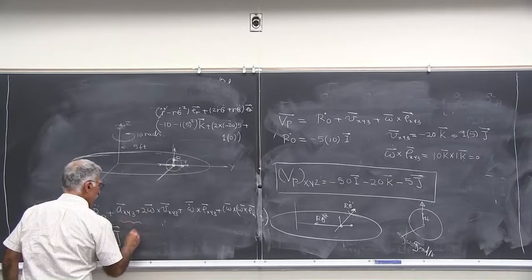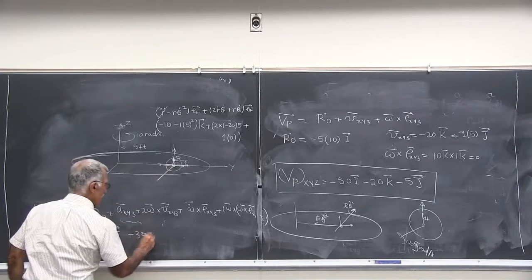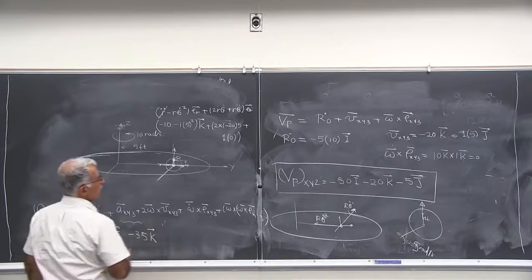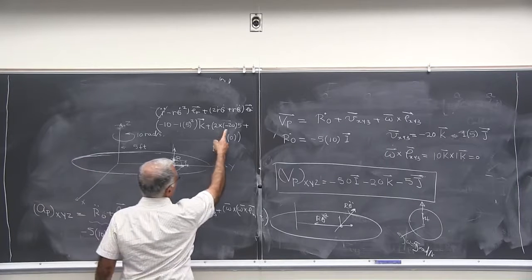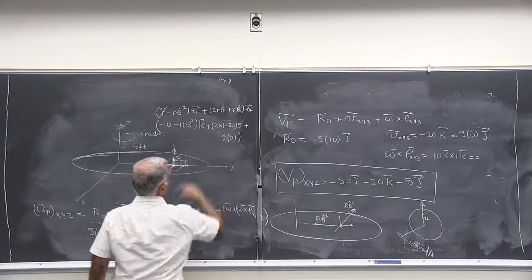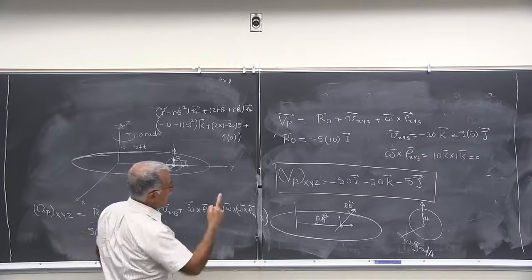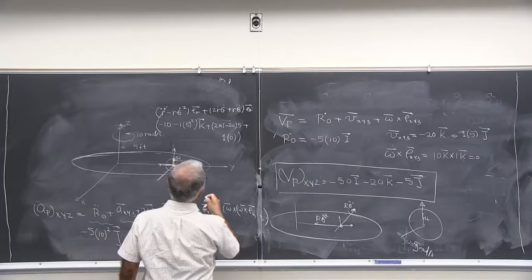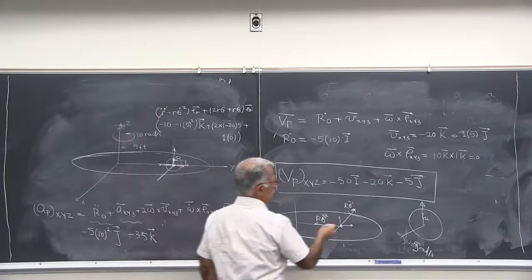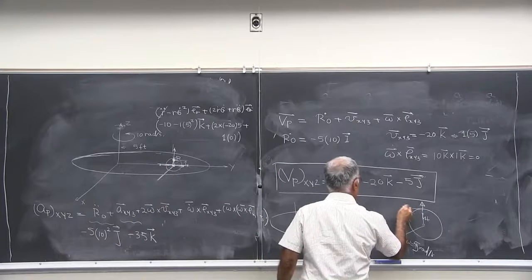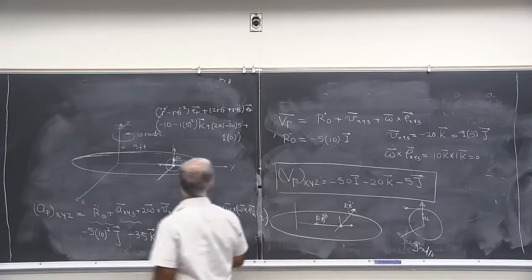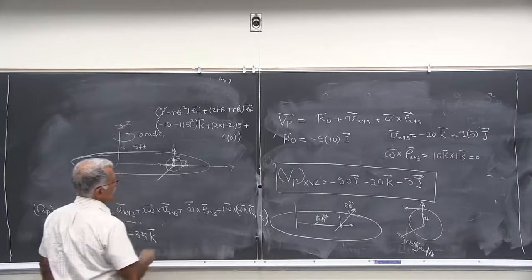So this becomes minus 35k. And this becomes equal to 40 times 20 minus 200. And e theta at this instance, where is that one? E theta is in this direction, and that's negative I. So that's e theta.